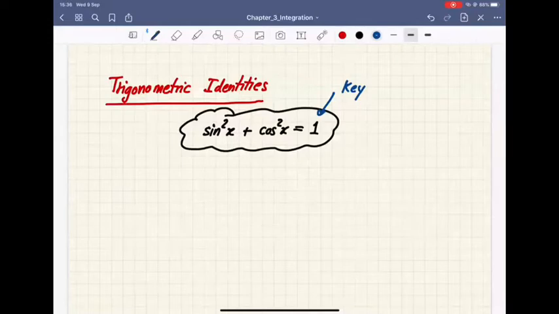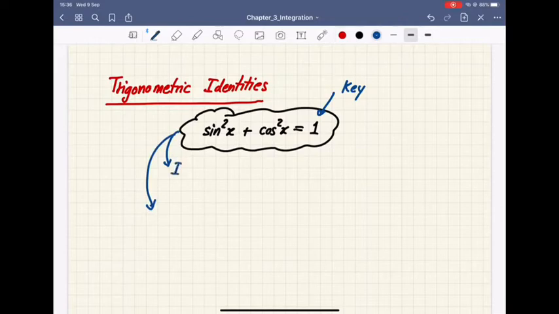If you memorize sine square x plus cosine square x equal to 1, you're going to get two formulas for free. Another two formulas that you get from this identity for free: if we divide everything by sine square x, what do you get?